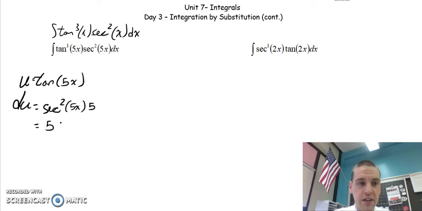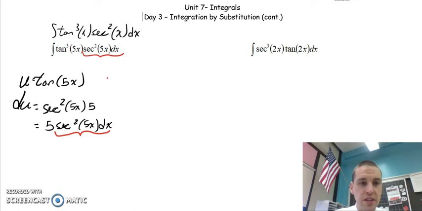So 5 secant squared 5x dx. And now we just noticed that this portion is taken right here. And so what we have left is just u cubed and a 1/5 out in front.